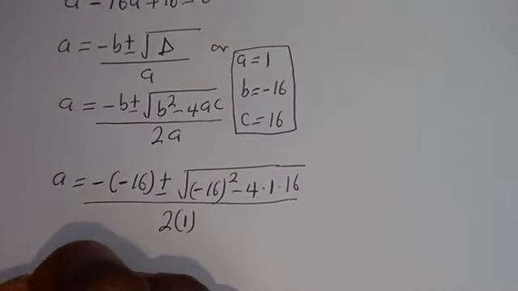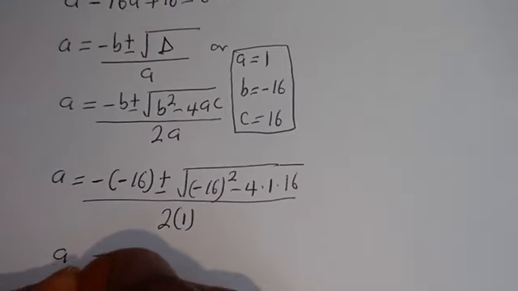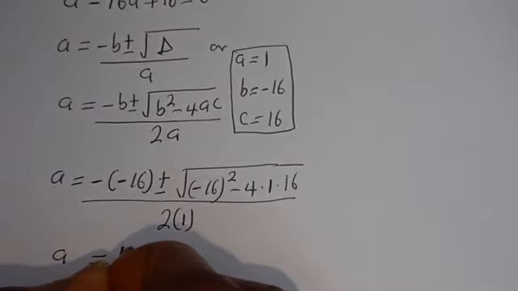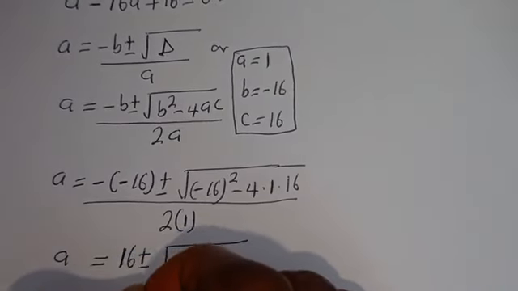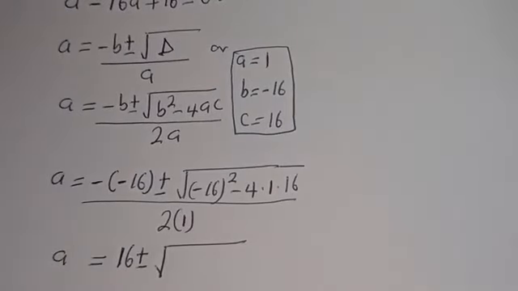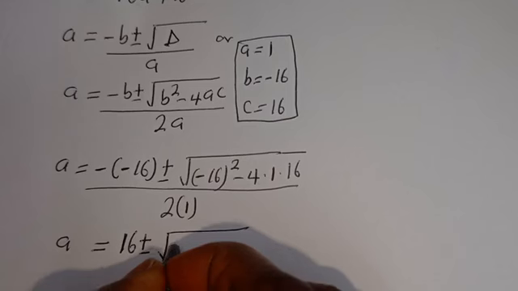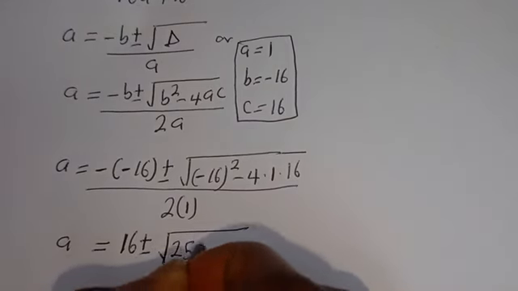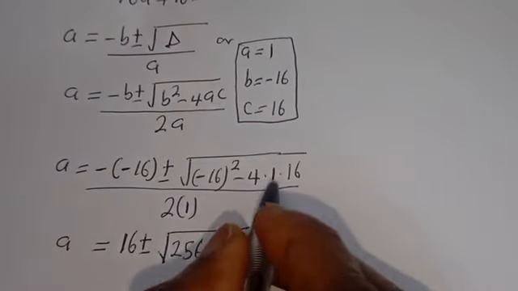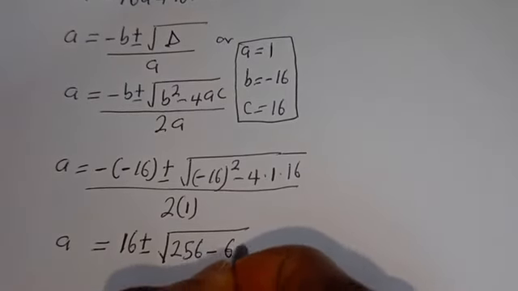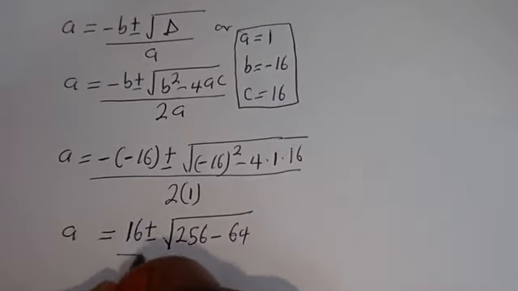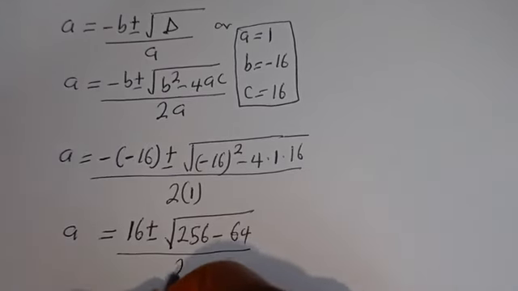Then A is equal to minus times minus 16, this is 16, plus or minus square root of minus 16 squared, this is 256, minus 4 multiplied by 1 multiplied by 16, that is 64, over 2 multiplied by 1, 2.